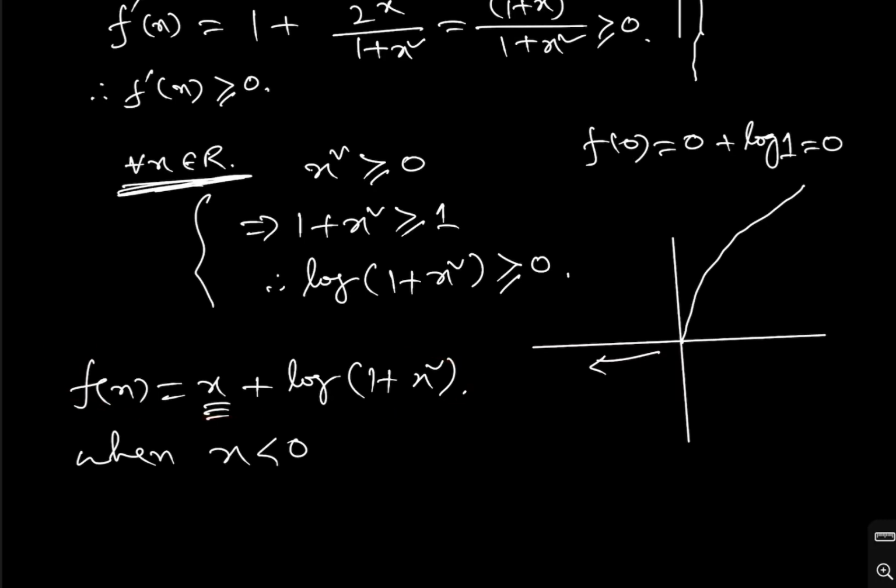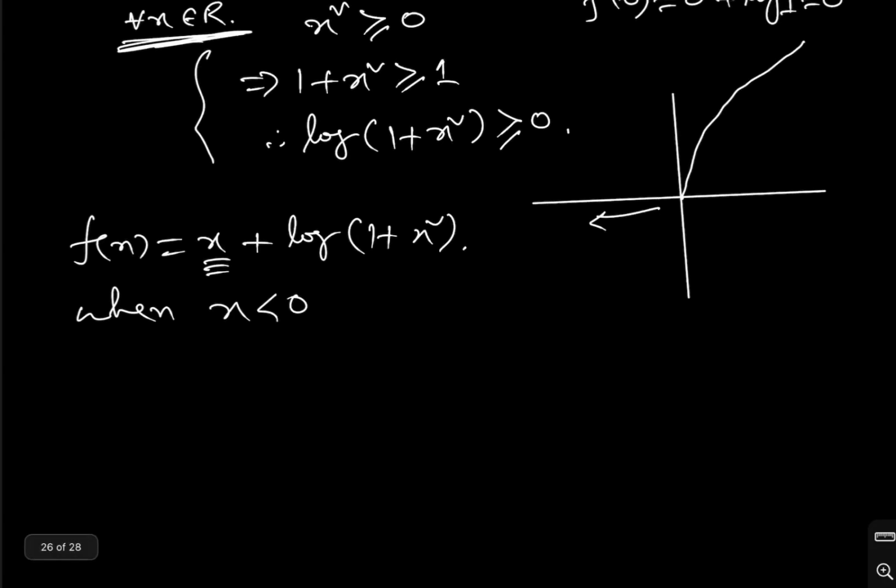To determine the sum, whether positive or negative, we have to construct another function, and we can then sort things out. At this stage we don't know whether the value of x or the value of log of 1 plus x square is larger, so we can't conclude here.